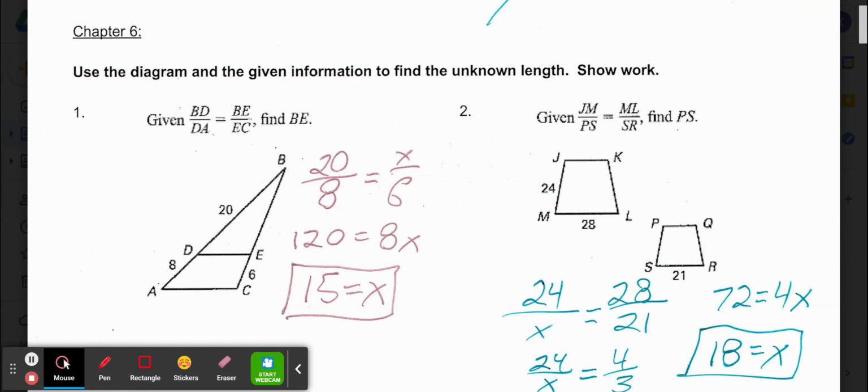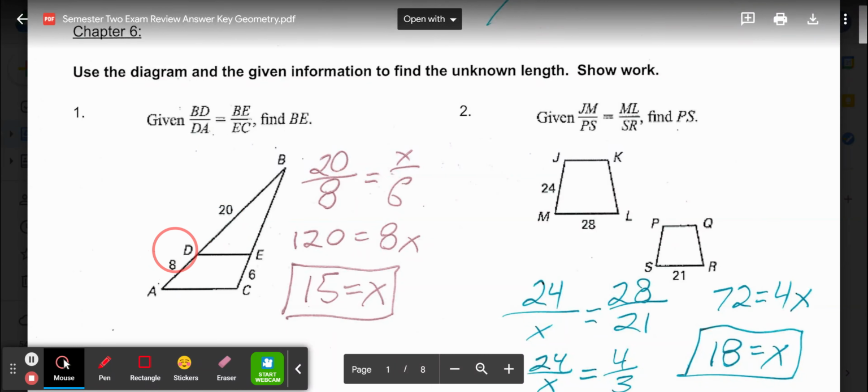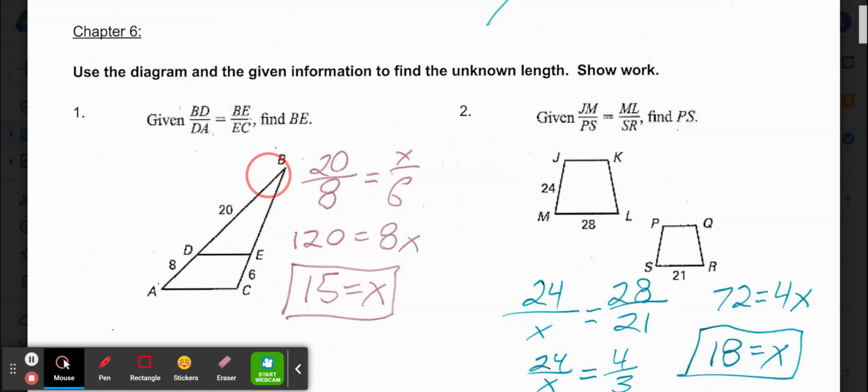For example, in 1, BD over DA, so 20 over 8, equals BE over EC, which would be our unknown. So I labeled that X over 6. Then to solve any proportion, cross multiply. So 20 times 6 is 120, equals 8 times X. 120 divided by 8 will give us x, which is 15.